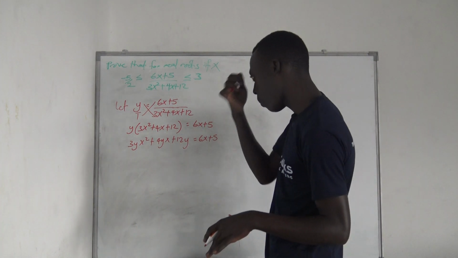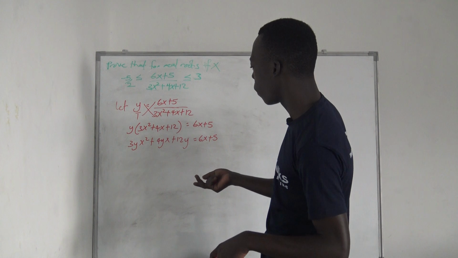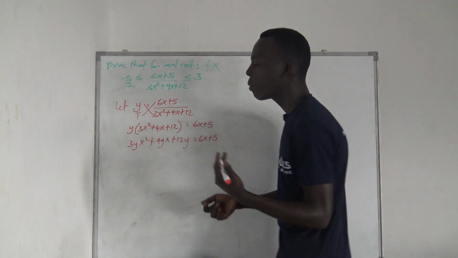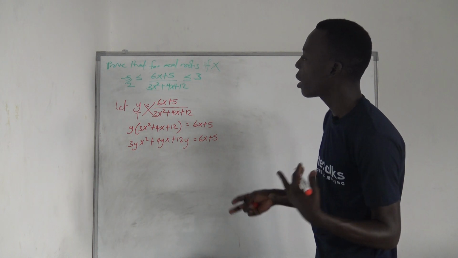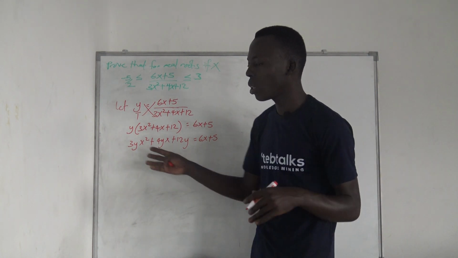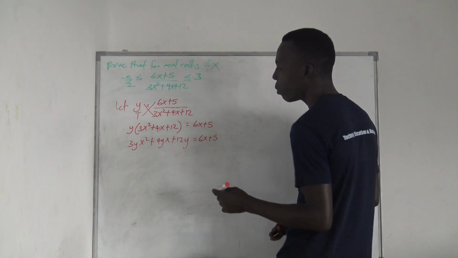So from here, we have to see how we can deal with this. We have to make y the subject in a quadratic equation of x. What do I mean?